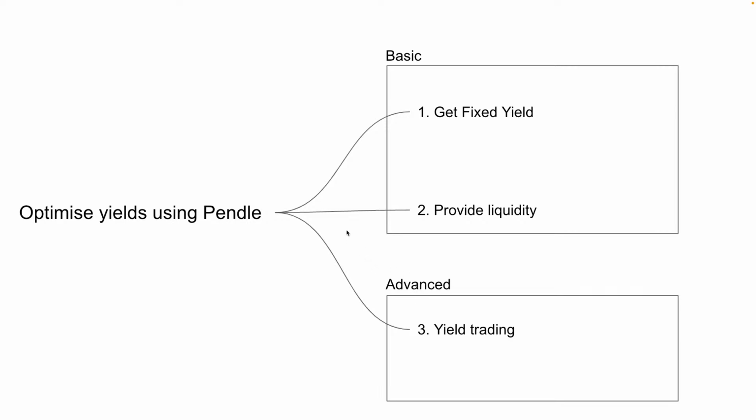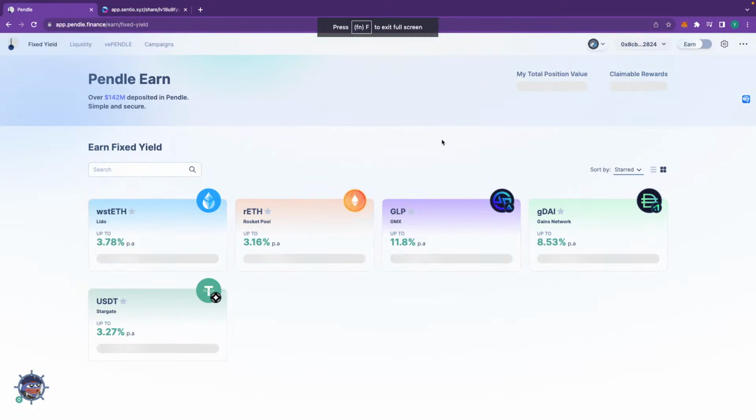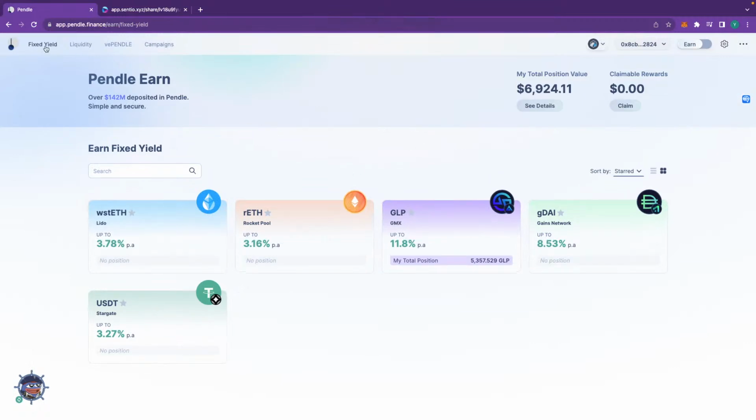The first way to optimize yield using Pendle is to get fixed yield, right? So yeah, very simple. You can just go to the earn page in Pendle, and you can already see the fixed yield that you can get on certain assets. For example, I can see that I can get 8.5% fixed yield on the DAI term right now from the GDAI pool in Pendle.